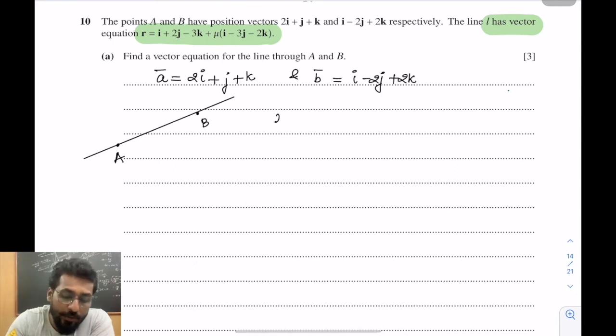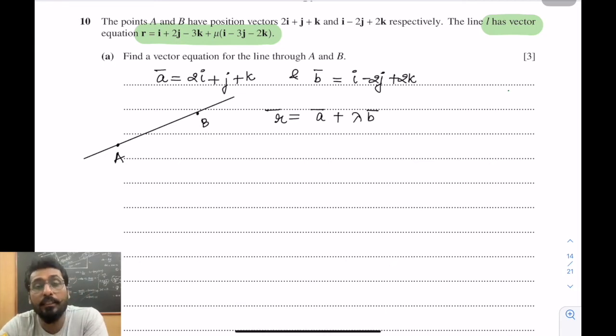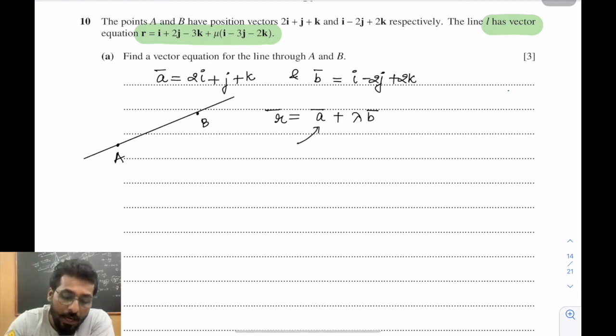So do you know that when you write the equation R bar is equal to A bar plus lambda times B bar, this A bar is a point on the line, and this B bar is the direction of the line, right?